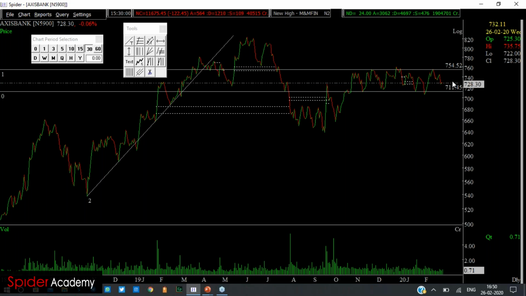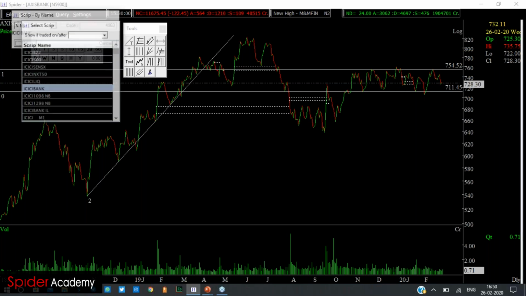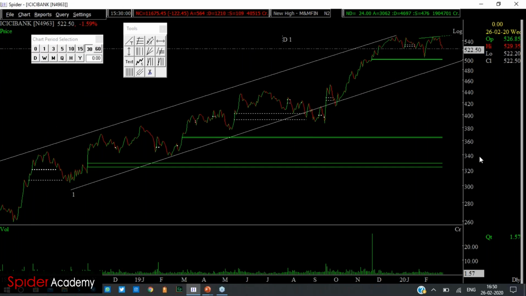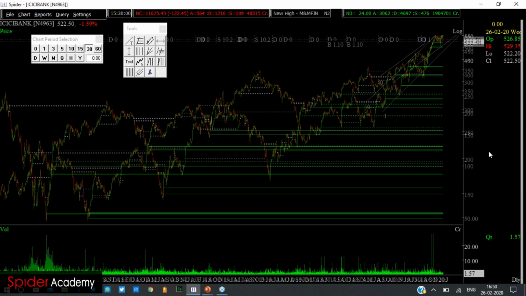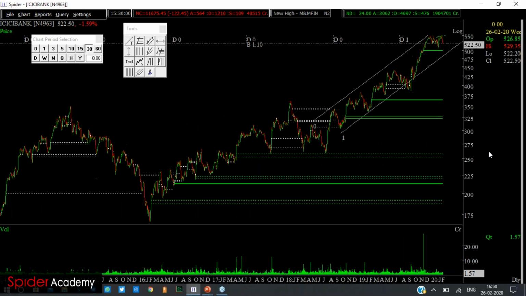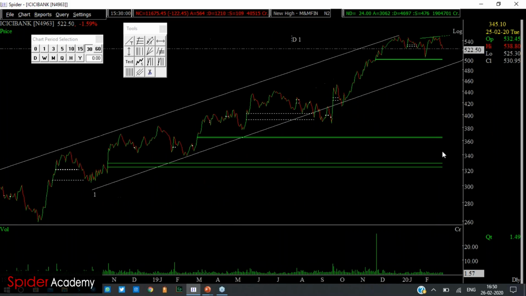Any other questions, Nitesh, or we could continue with the session? There's a suggestion: try ICICI Bank, because there are a lot of consolidations before resuming the up move. Okay, we'll just check into it. So this stock has always been moving in a channel formation, so we wouldn't call this a lot of consolidations.